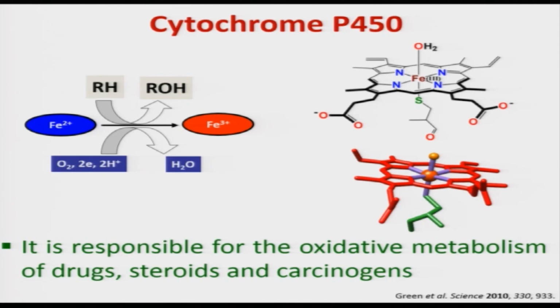And although I will be talking in detail in my subsequent lectures, I would like to focus here on the design principles. As one can see, during this transformation RH is converted to ROH with the help of just aerial oxygen, 2 electrons and 2 protons, and it also yields water, which is biofriendly.